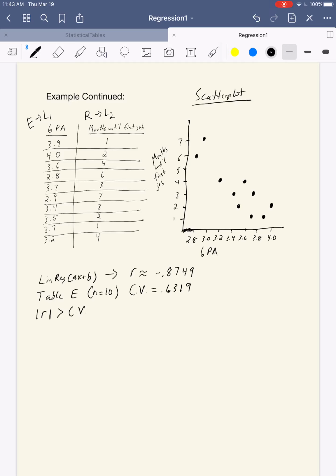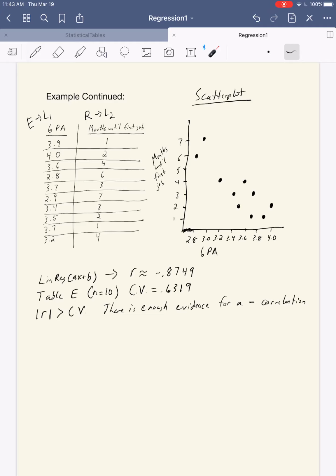So we would say there is enough evidence for a negative correlation. In other words, we are convinced by this data that there is a negative relationship, a negative association, a negative correlation between GPA and the months until the first job.